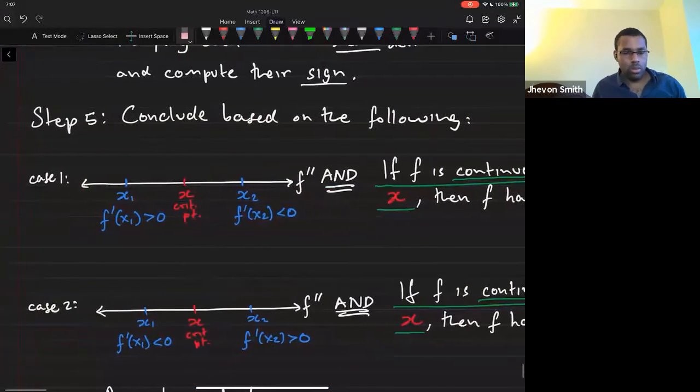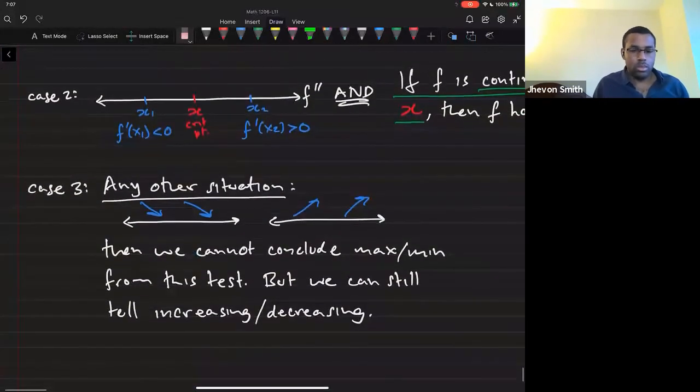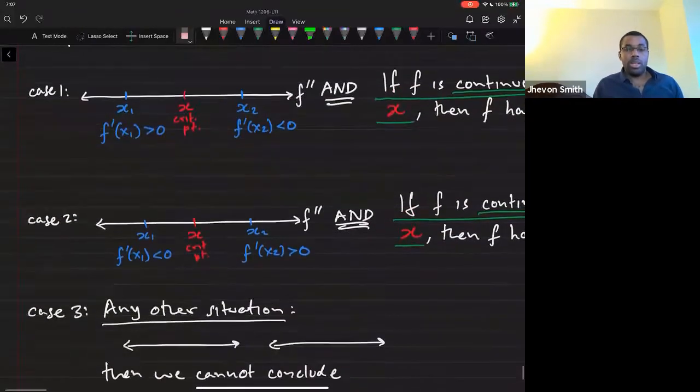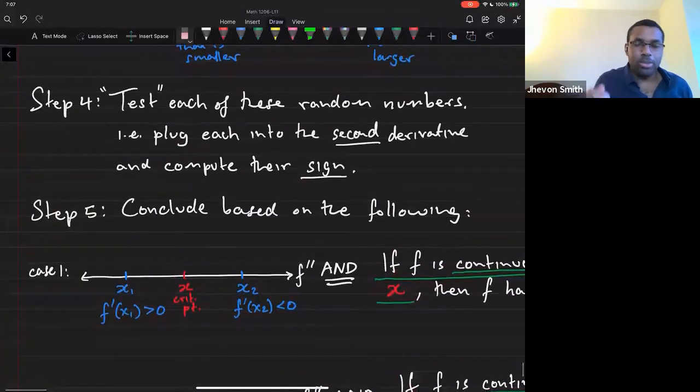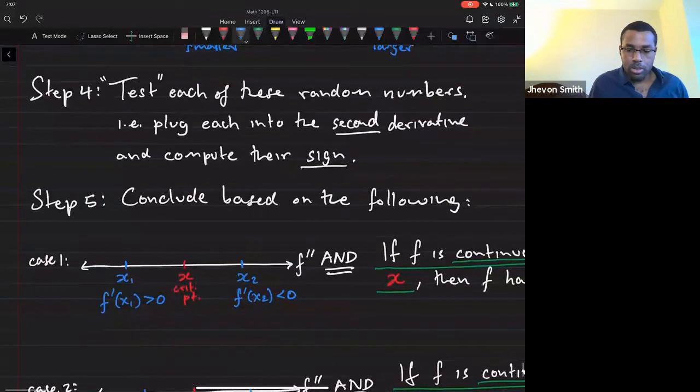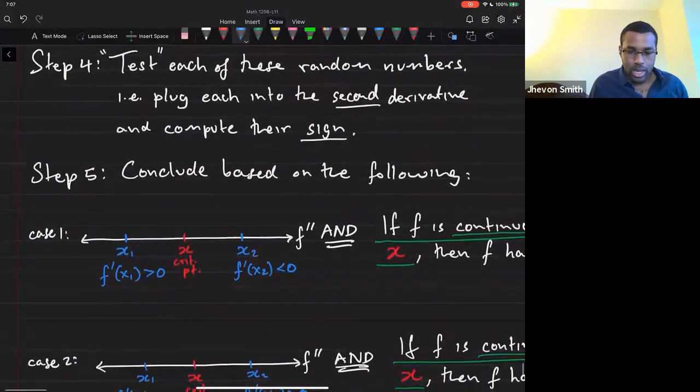It's actually very similar, as you can tell, to the first derivative test, but you're just using the second derivative and it means something else. So pick a random number in between, test the random numbers, plug into the second derivative, compute the sign, conclude based on the following.